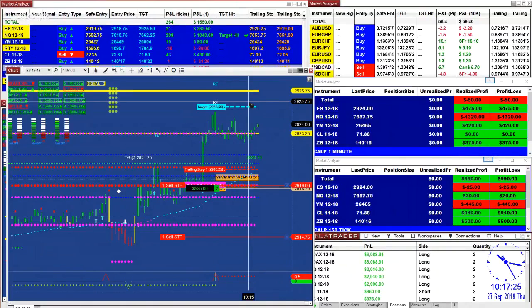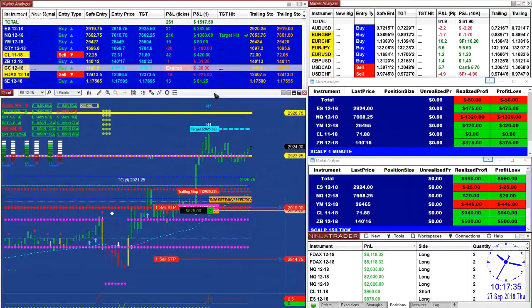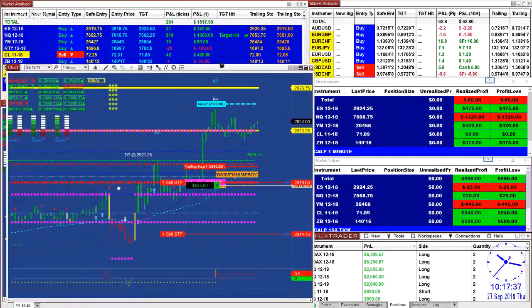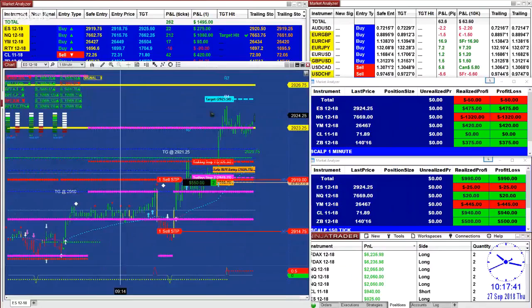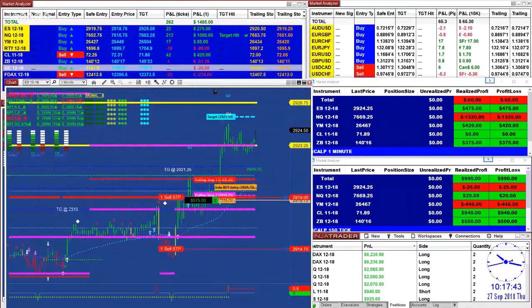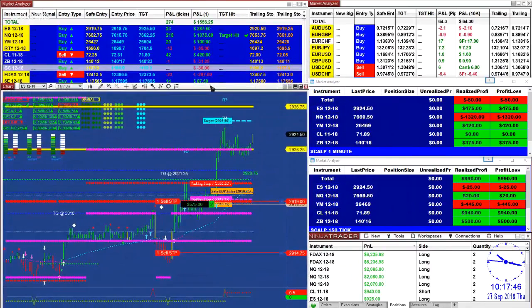We're going to be sitting on the side a little bit, and it's probably going back to test the 29.25. Fair enough, but it's too late to take a long trade on the ES right now. It's very late.